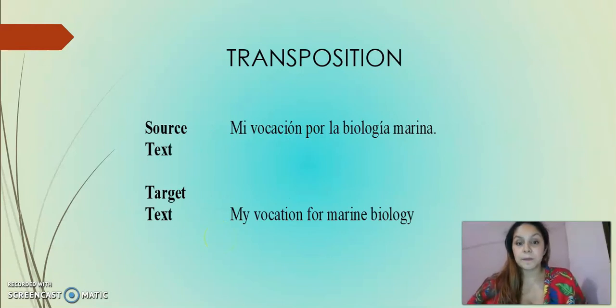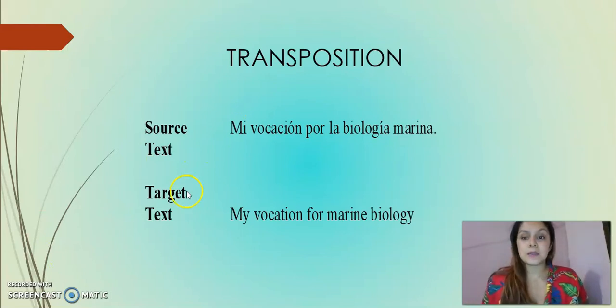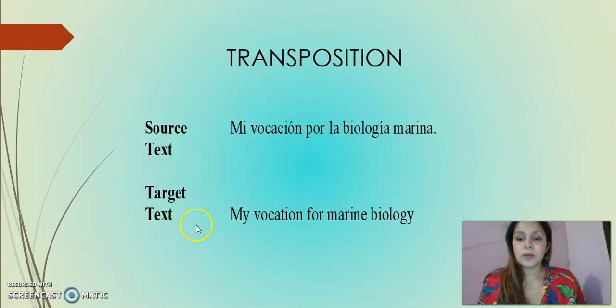Transposition technique is a technique that changes the position of the word or the grammatical structure of the sentence. In this sentence, in the source text, I have mi vocación por la biología marina, and I changed it in the target text to my vocation for marine biology.